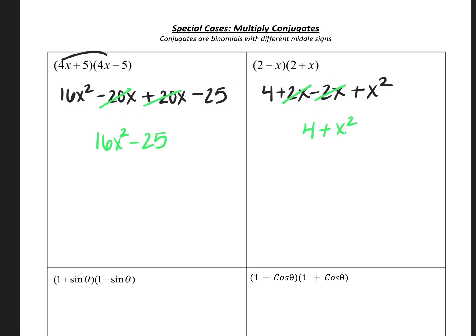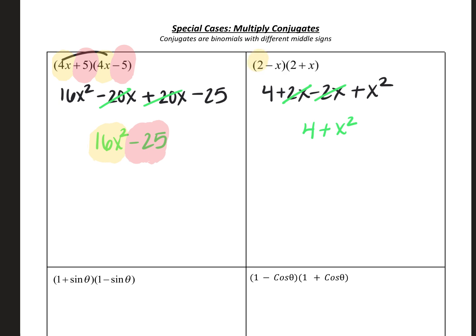So is that always going to be the case any time we're multiplying a binomial with its conjugate? It will, right? These middle terms are going to cancel because these signs are opposite. So if you know that you have a conjugate pair, you can avoid this middle step altogether if you want. All you would have to multiply together are our first times first to get me the 16x squared, and then our last times last, 5 times negative 5, to get me the negative 25.